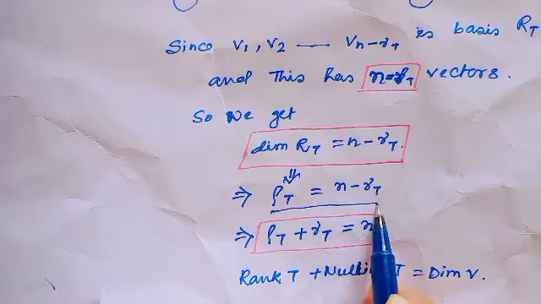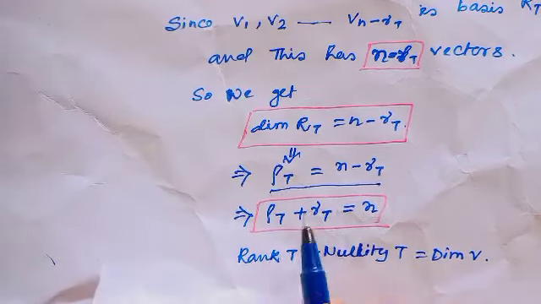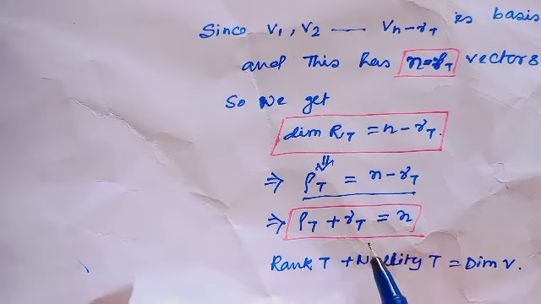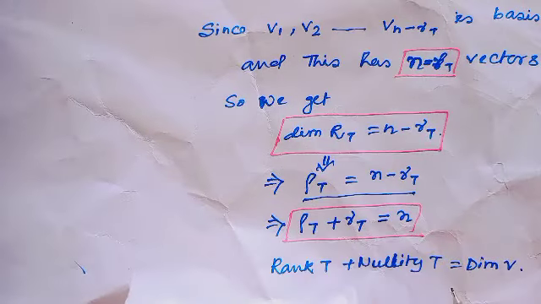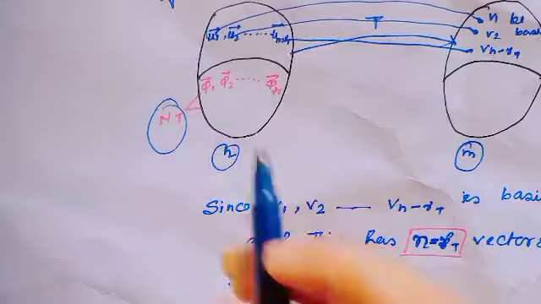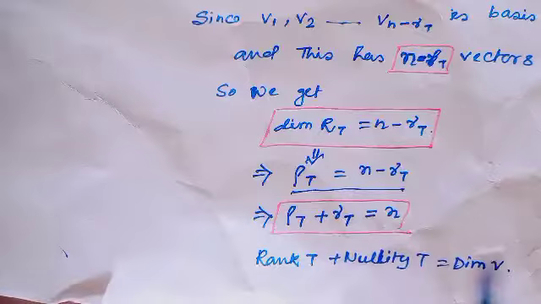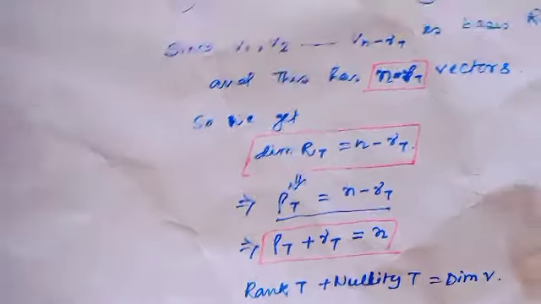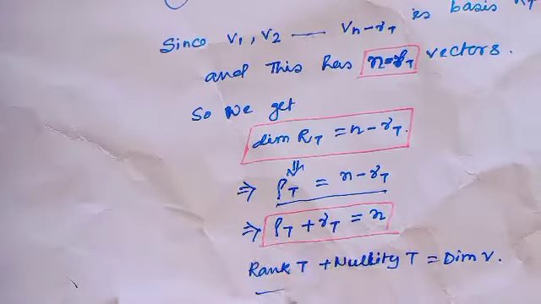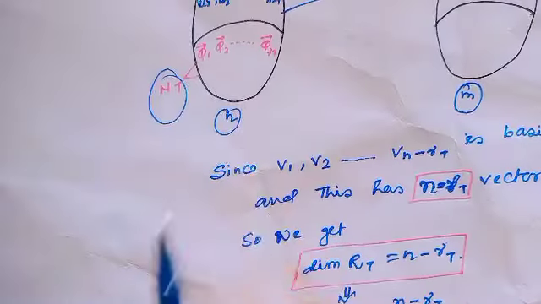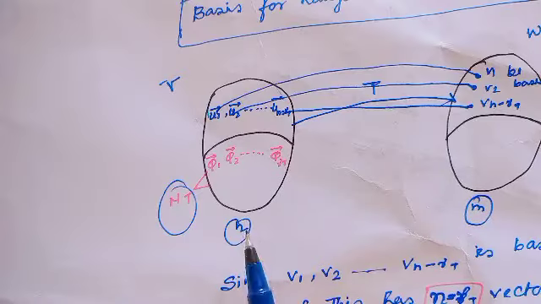And from this line we can tell rank T plus nu t equals n, where nu t is the nullity of the transformation because kernel T contains nu t vectors. So, rank T plus nullity T equals dimension of V, because dimension of V I have considered n.